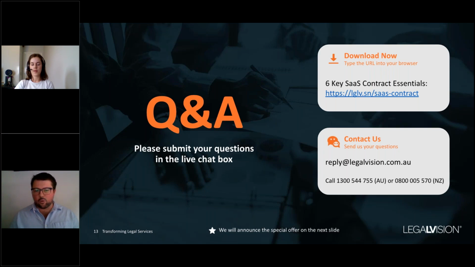So just stepping back more broadly, I think across the market we'll see SaaS type services called different things. They might be called a SaaS agreement, a platform agreement, platform terms and conditions. They might be called a SaaS license. In some cases, they may even be called a software license. It doesn't really matter what they are called. What you will look at from both a general commercial and a legal perspective is what is being offered under the product and what the terms and conditions actually provide for.